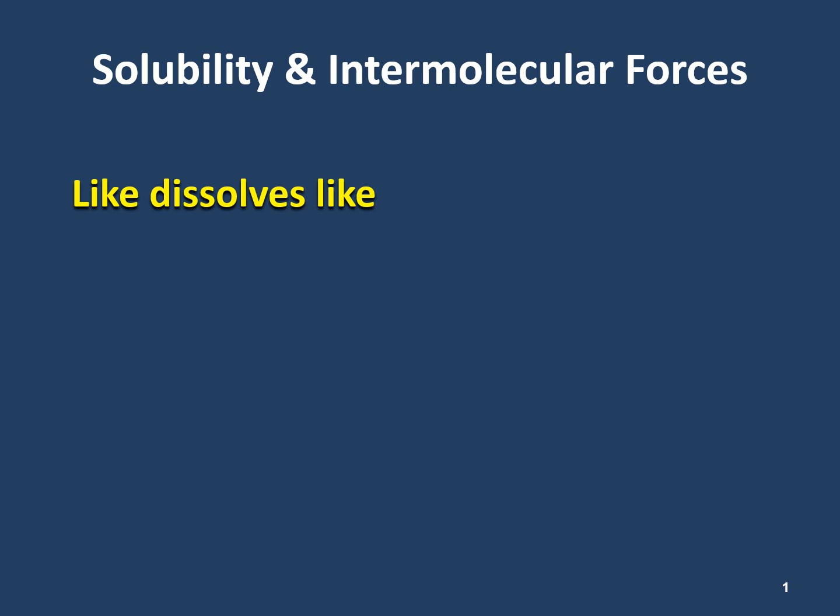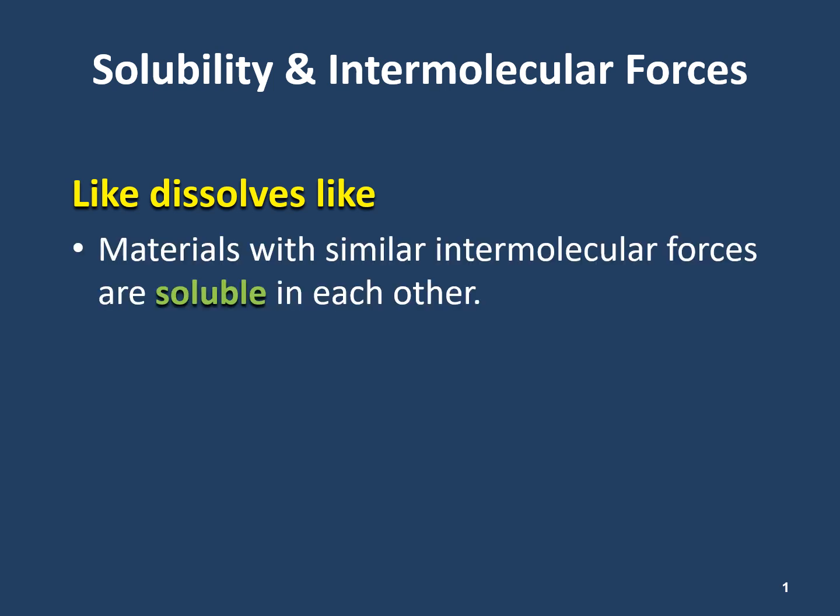What the like dissolves like rule basically states is that materials with similar intermolecular forces are going to be soluble in each other. So things with like intermolecular forces will dissolve other things with similar intermolecular forces.